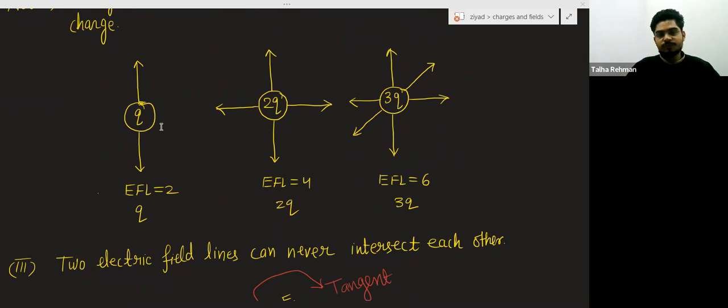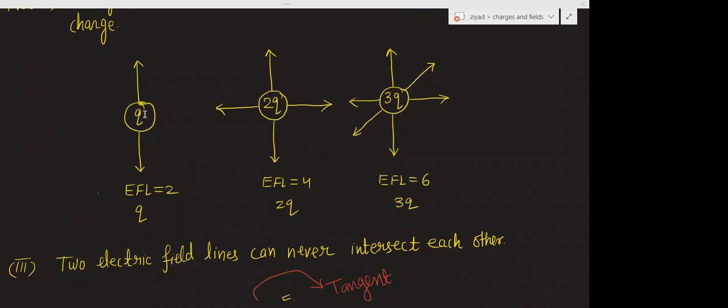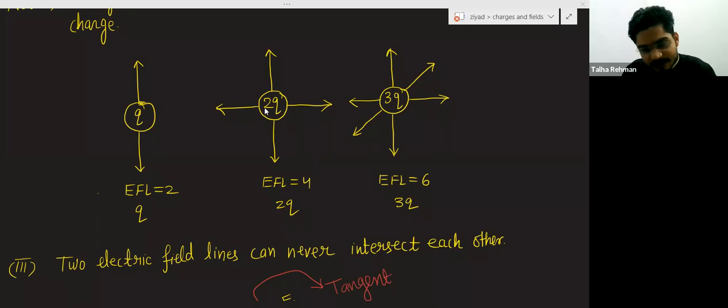This 2Q is double of Q, and this 3Q is triple of Q. See how many electric field lines there are due to this charge. Two electric field lines. Now, if you double the charge, how many electric field lines? 4. The electric field lines become double.